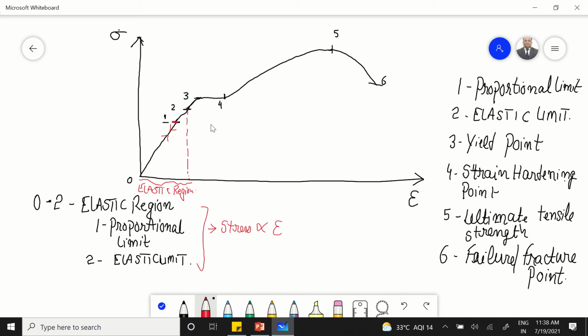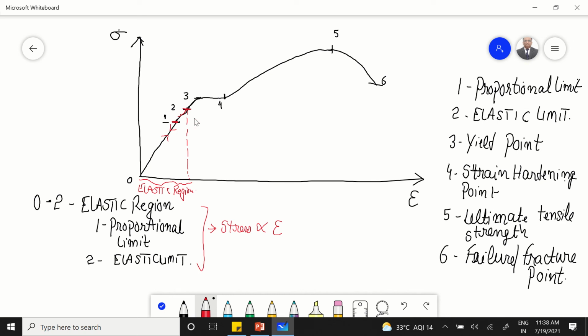Instead, it shows a slight bending, and after bending it will try to flatten out until it reaches point number 2. This point number 2 we call the elastic limit. Now why? You will ask me, sir, between points 1 and 2 the curve is bending first and then flattening.